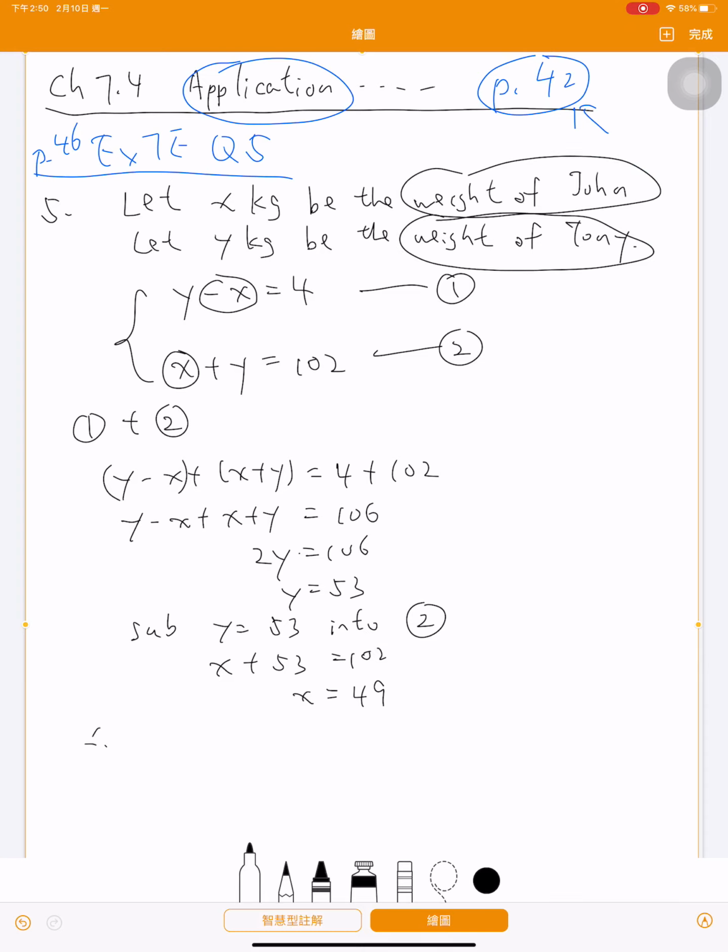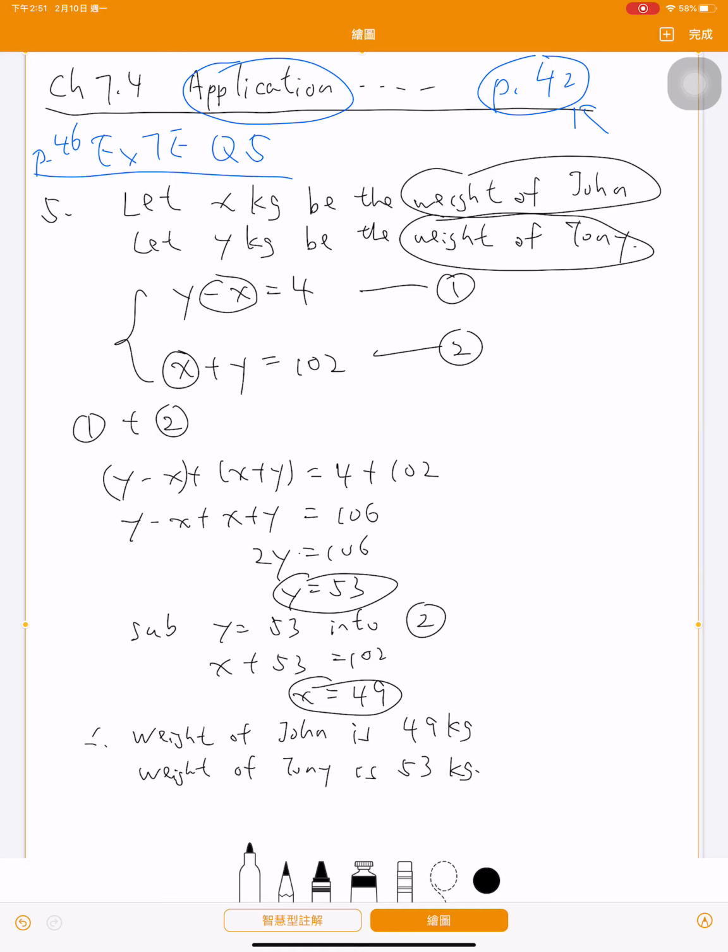So you may write down: therefore the weight of John is x, that is this one, 49. Don't forget the unit, kg. And then the weight of Tony is this one, 53 kg. So we have the conclusion, right?